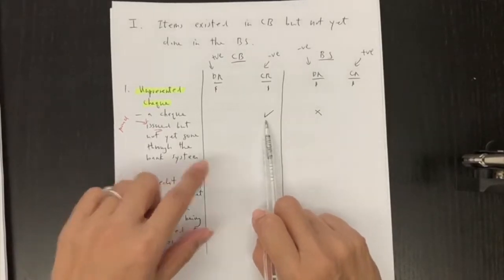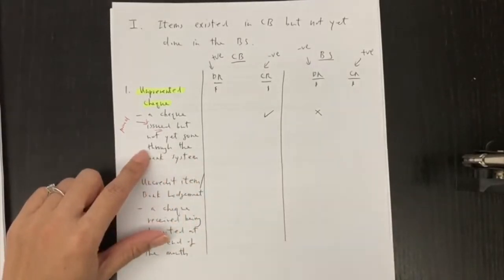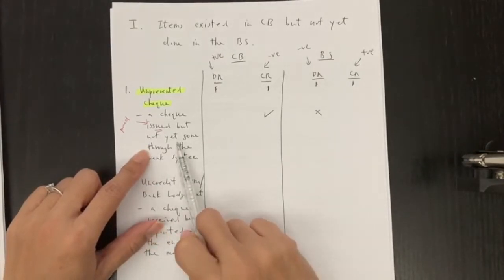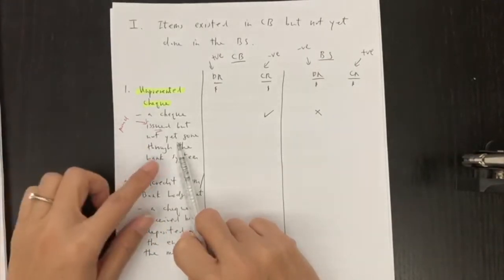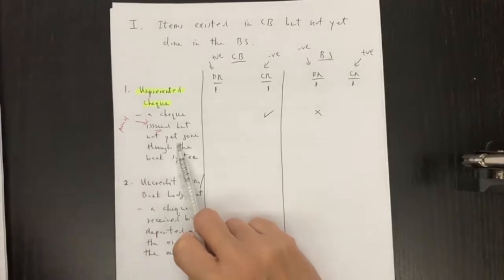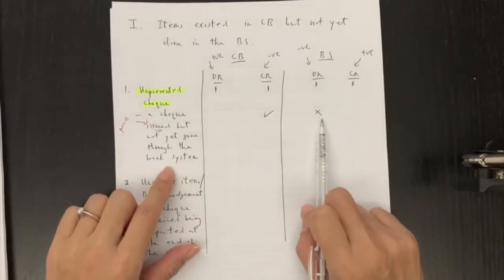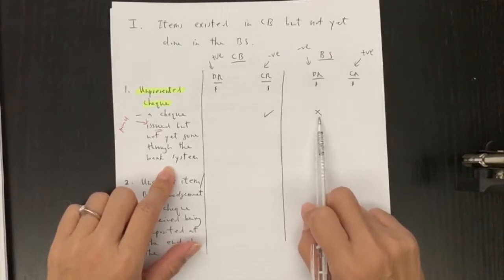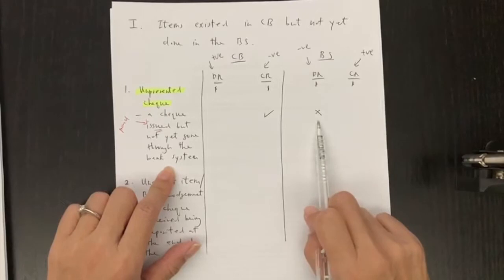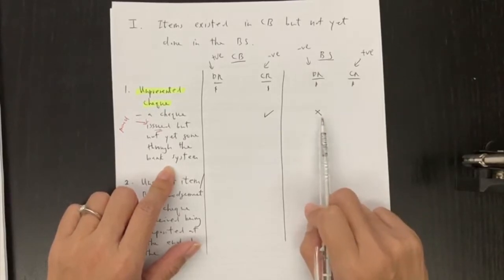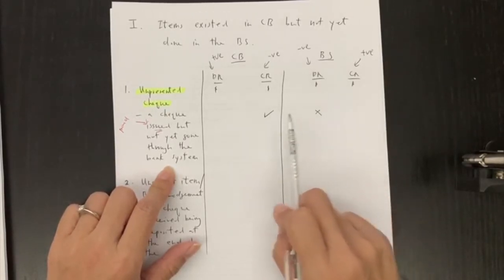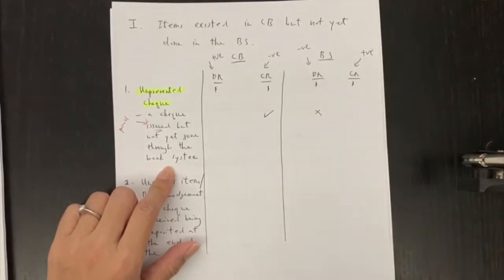But if Crystal just keeps the check in her wallet and never goes to the bank, the bank will not notice and will not deduct money from our bank account. So the cross here means not yet done in the bank statement, but we have done this in the cash book.